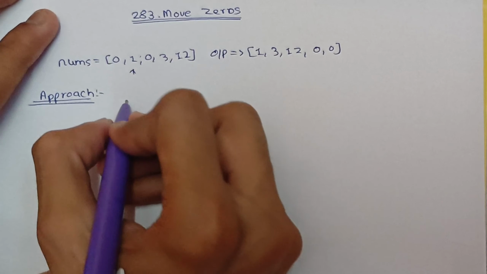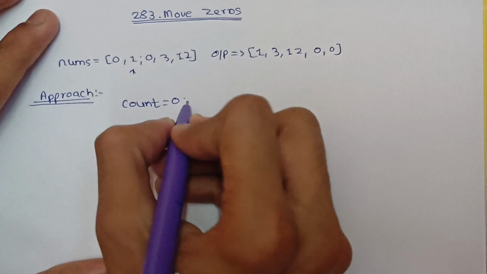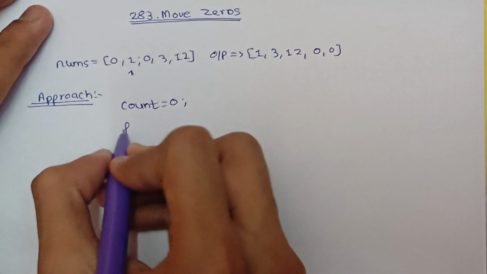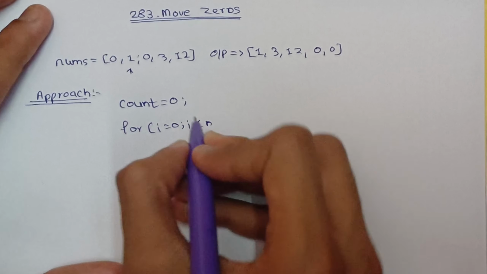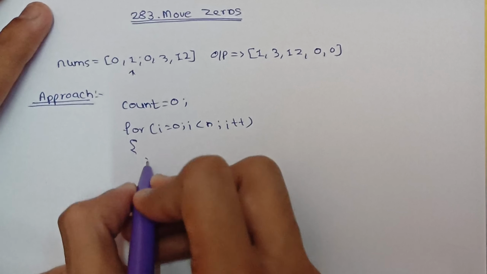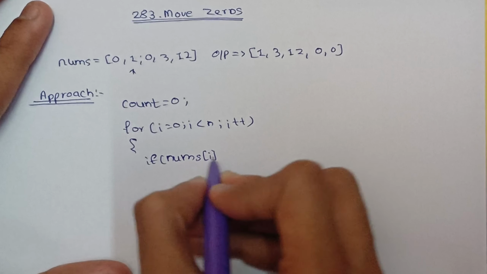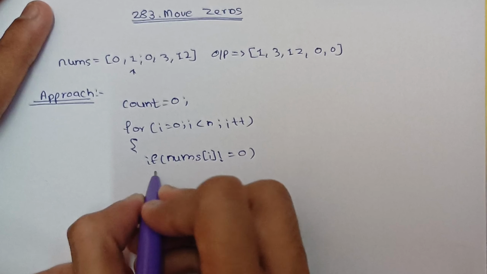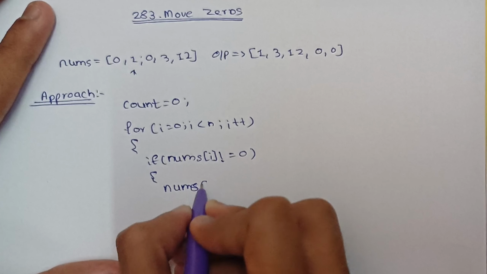We will take one pointer, count equal to 0, and run a for loop: for i equal to 0, i less than n, the length of the array, and i incremented. We will put the condition: if nums of i is not equal to 0, then put it in nums of count.